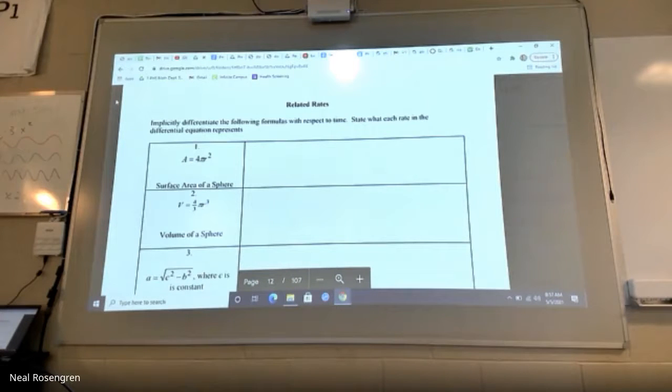A great example is to think about a ball being inflated, right? The volume of the air inside is increasing. And the radius of the sphere is also increasing.